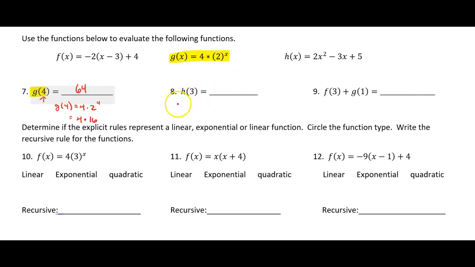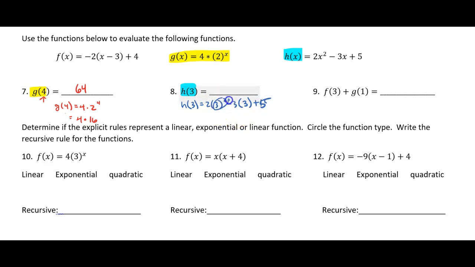Number 8, h of 3, right? That tells me I'm going to use function h, and everywhere I see an x, I'm going to replace it with a 3. So, h of 3 is equal to 2 times 3 squared minus 3 times 3 plus 5.